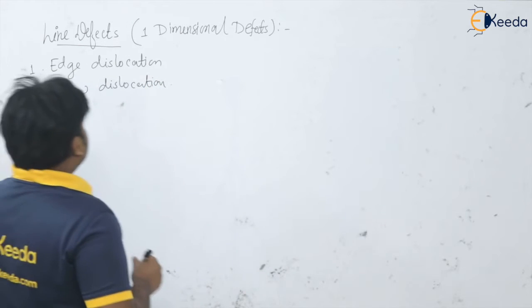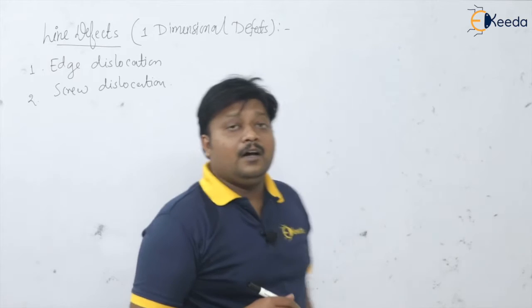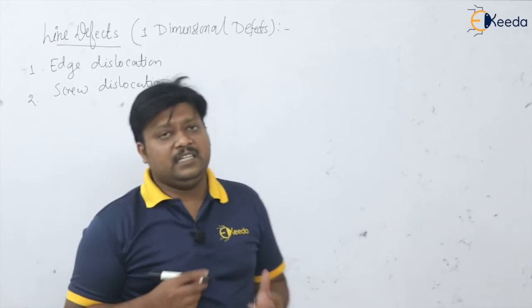Okay, so basically if you look at these line defects, what is meant by line defects?